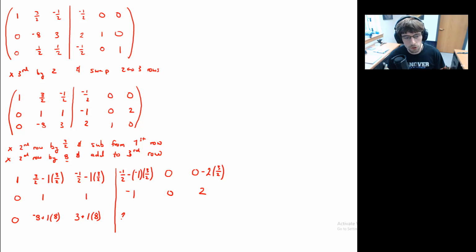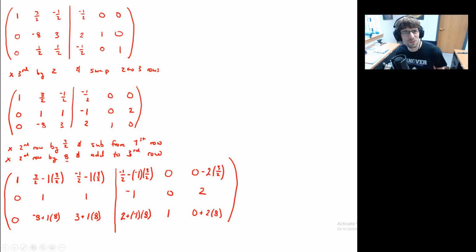I have 2 plus negative 1 times 8. I have 1 plus 0. Okay, so that one's still just 1. And then I have 0 plus 2 times 8. So like I said, it still feels a little bit like that Gaussian elimination, but we have both sides of the equation that we have to worry about zeroing out top and bottom.